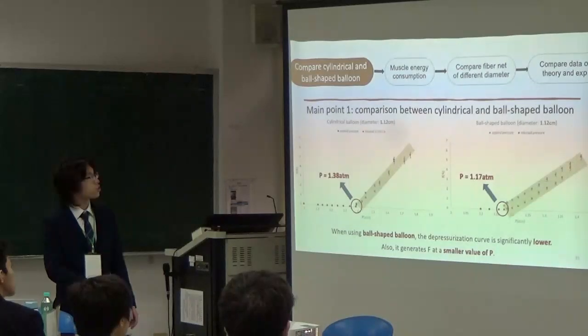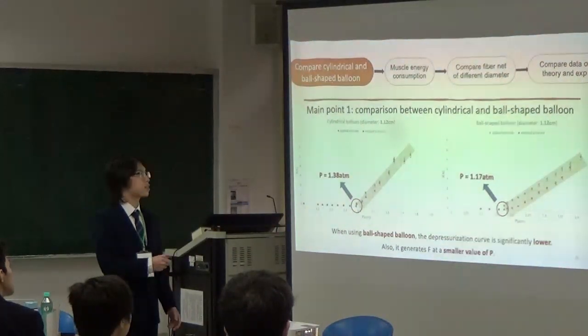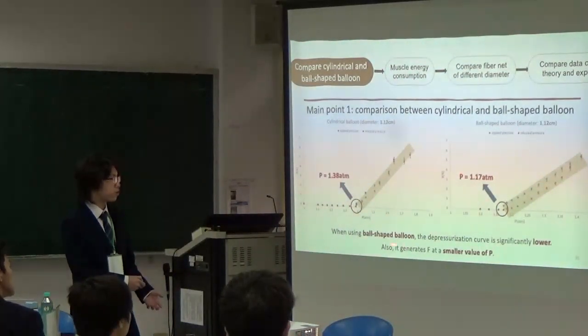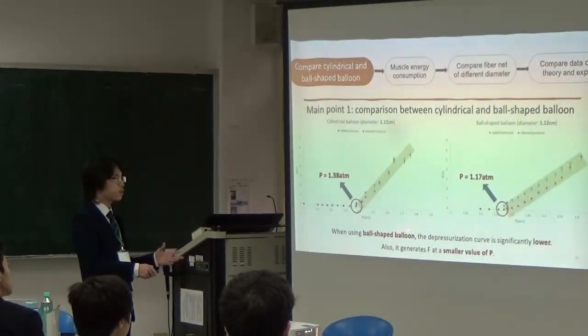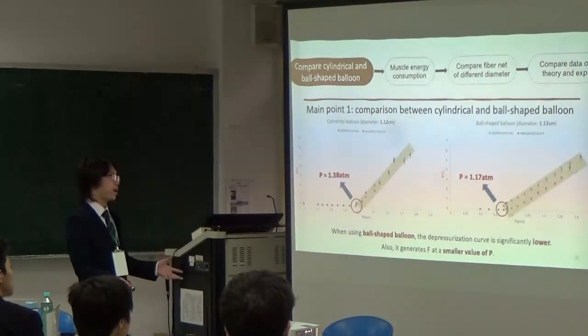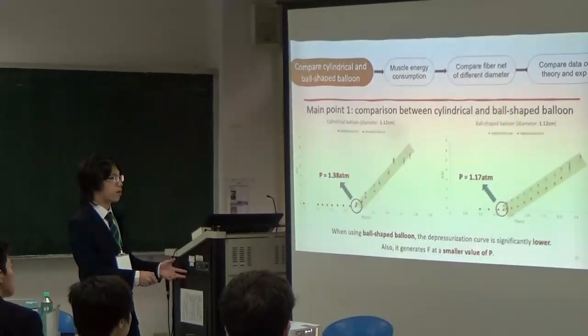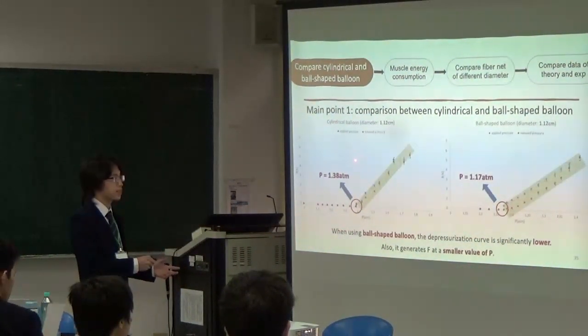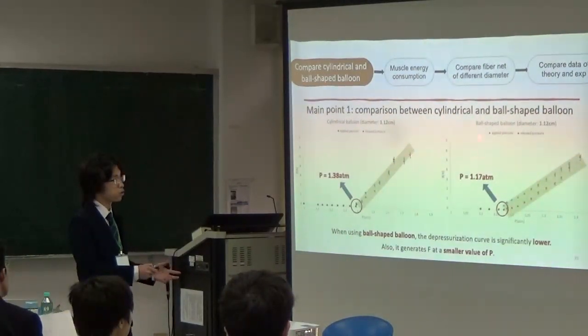The first main point in our discussion is the comparison between a cylindrical and a ball-shaped balloon. As we can see, when using a ball-shaped balloon, the depressurization curve is significantly lower, and it also generates F at a smaller value of P. This is the graph using the cylindrical balloon, and this is the graph using the ball-shaped balloon.